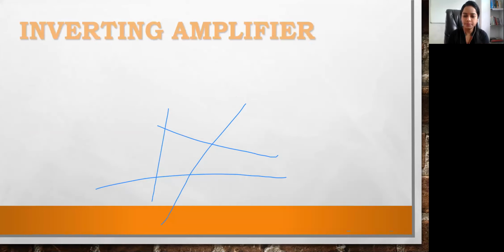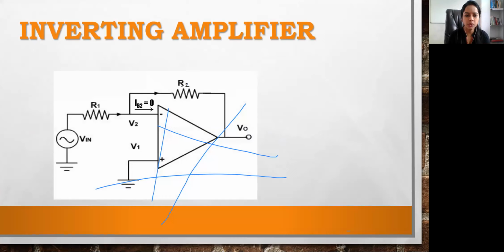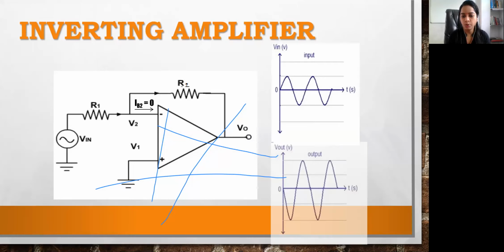We'll see a circuit diagram of the inverting amplifier. Here we have drawn these examples of inverting amplifier also, and we have derived the output also.